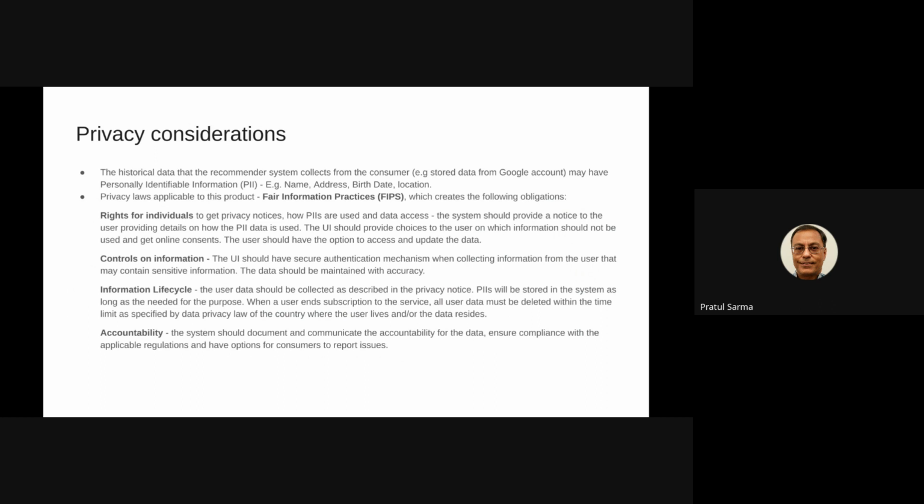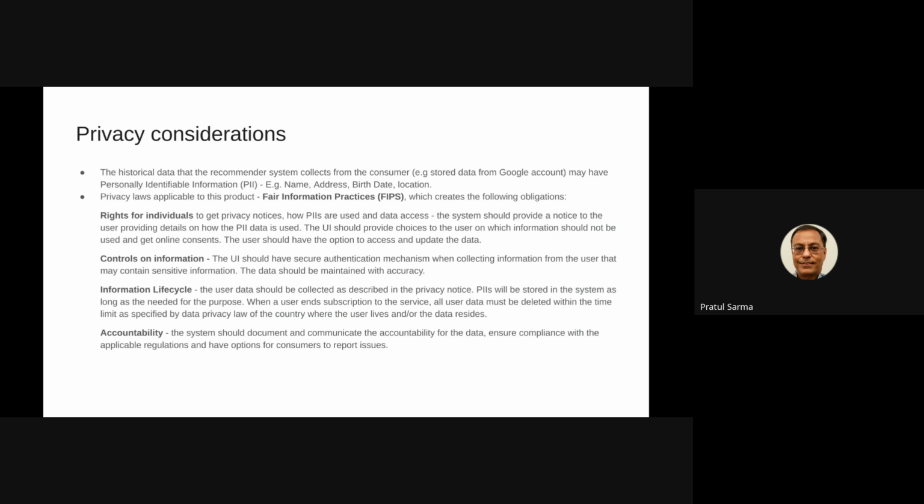So in that case, since it has PII, the system should be compliant with all the privacy laws, including fair information practices. So that creates the following obligations. The obligations are the rights for individuals to get privacy notices, how PIIs are used, and data access.